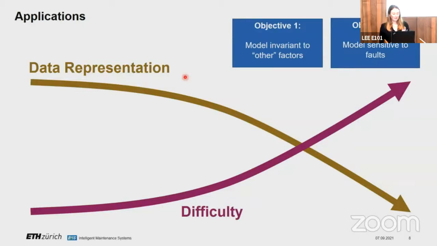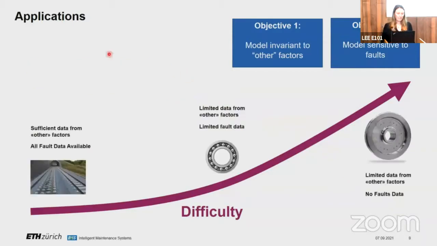So within this scheme, we looked at different application cases which have, with respect to our objectives, increasing difficulty. In the first one, we will assume that we already know all fault data, that we have data of all future fault types that we want to classify, and also from the other factors we have a sufficient data set available.